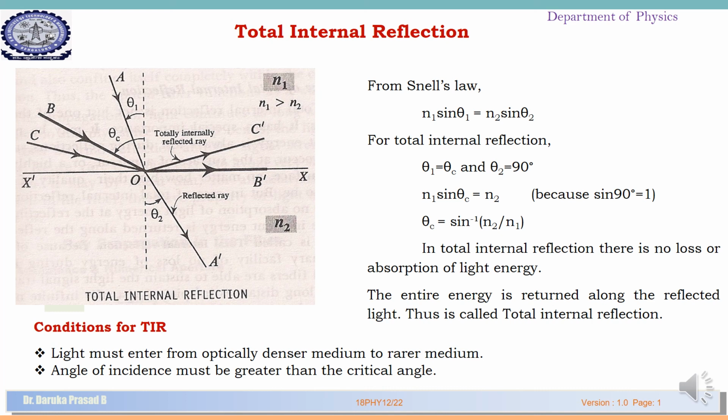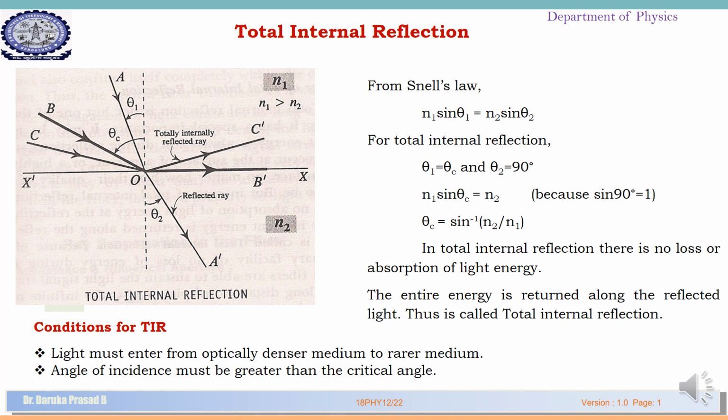Here we will apply Snell's law. From Snell's law you know that the ratio of refractive indices is equal to the ratio of the sine of the angle of incidence to the sine of the angle of refraction. Instead of writing that equation, if you write it like this, it is very easy.